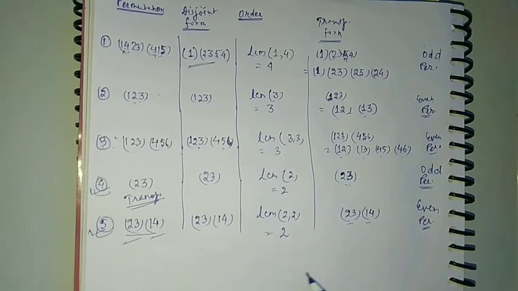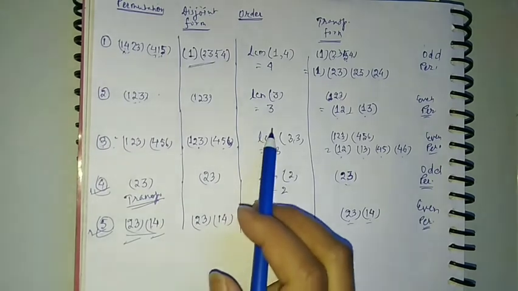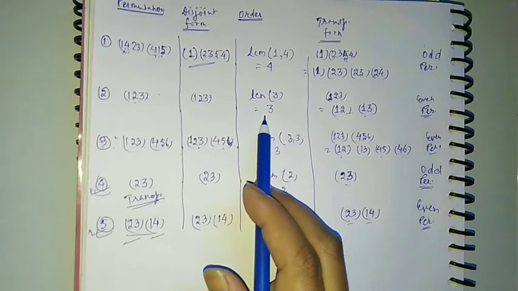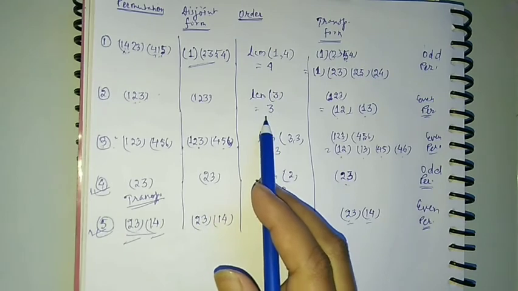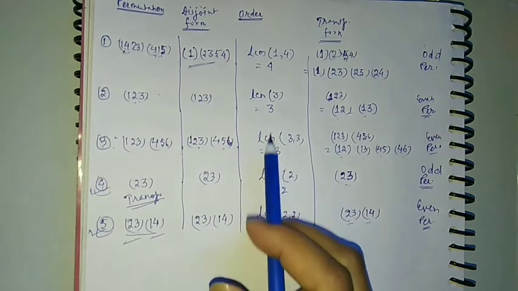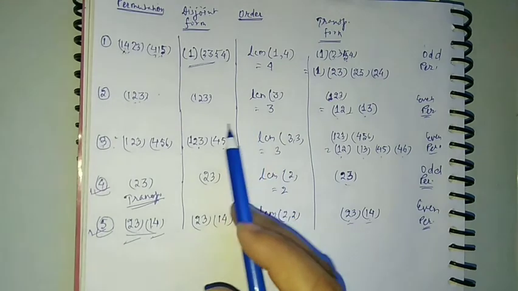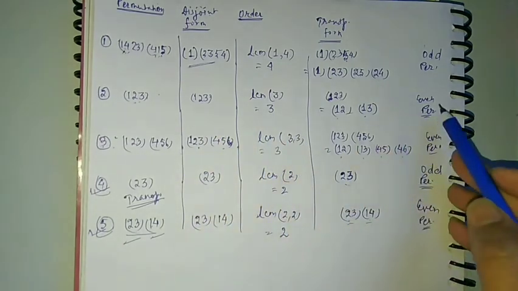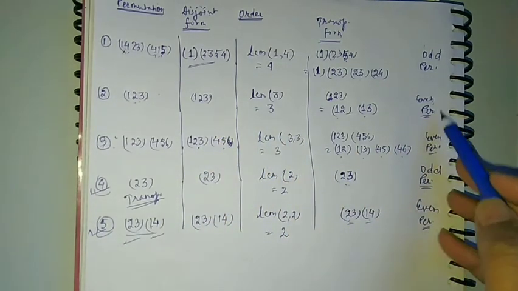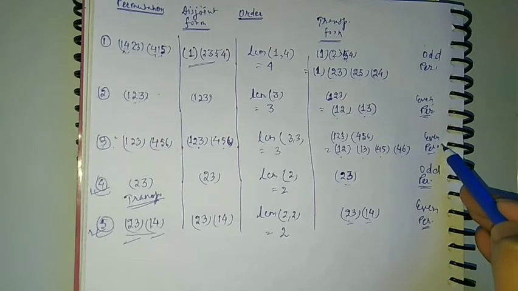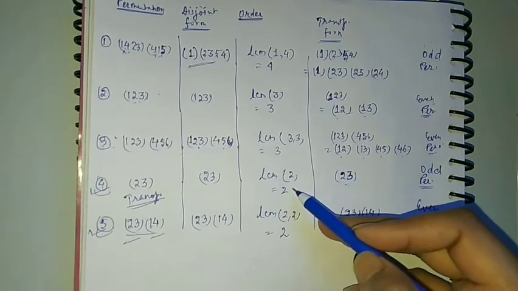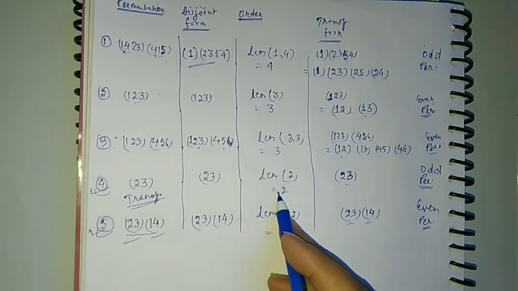So clearly we can observe from these examples that if the order of a permutation is an odd number, here 3 and 3, then that permutation is surely an even permutation. Here also even permutation, here also even permutation. But if the order of any permutation is an even number, then we cannot say whether it is odd or even.